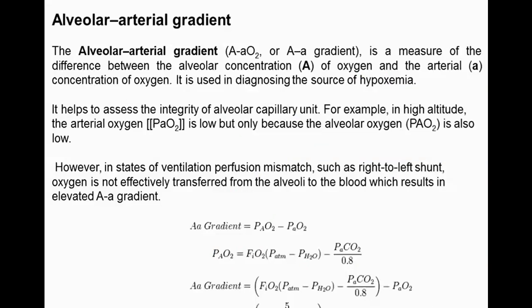AV gradient. What is the AV gradient? It's the alveolar-arterial gradient. It is a gradient, as we discussed before; everything in this world works by gradients. Diffusion is a gradient. Why is wind created? Because there is a difference in the pressure of air from one part to another.